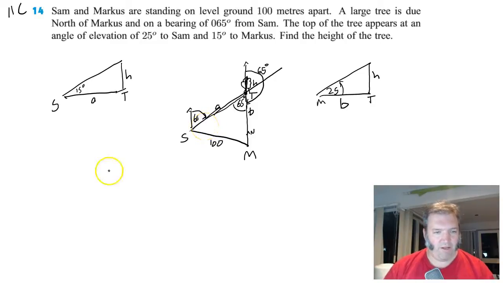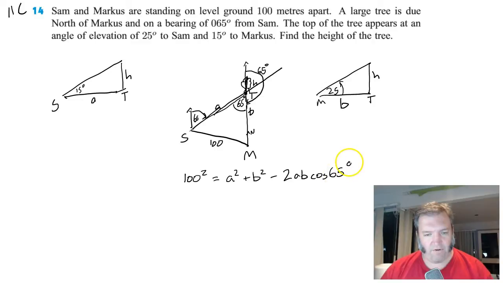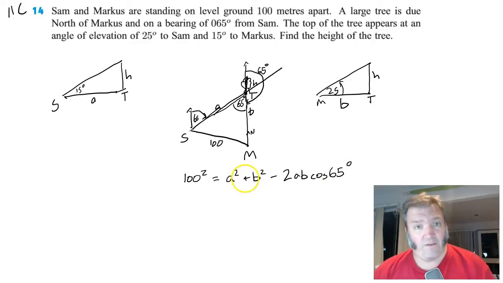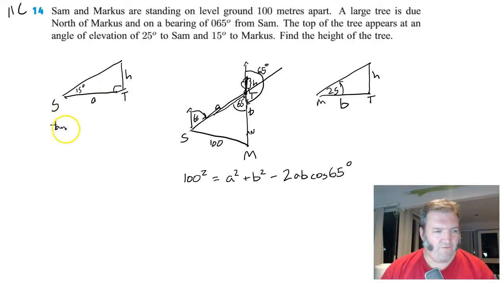So here I've got, remember, the side that's opposite the angle is on its own. So I've got 100 squared equals A squared plus B squared minus 2AB cosine 65 degrees. Now, we said we needed to replace those expressions for A and B and get them in terms of H. Here I've got tan of 15 degrees equals H over A. So multiply by A and divide by tan 15.